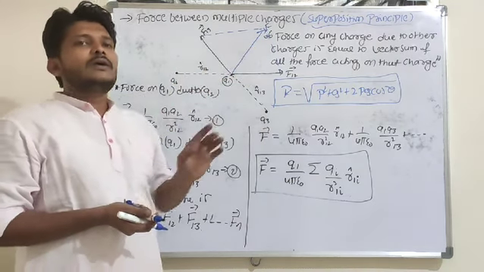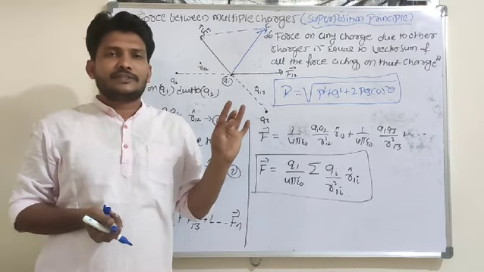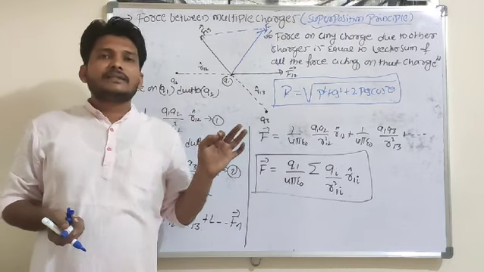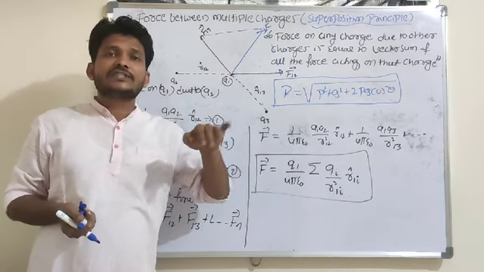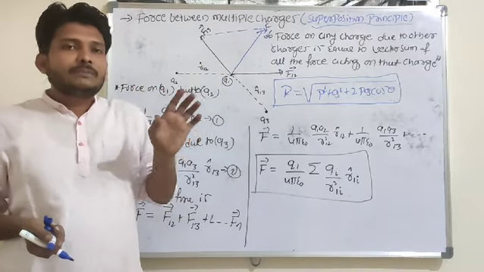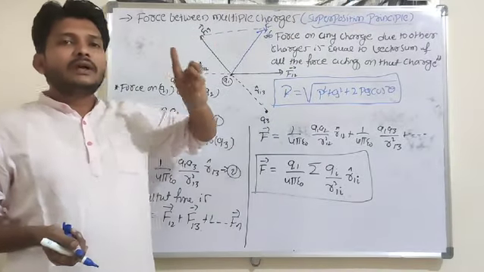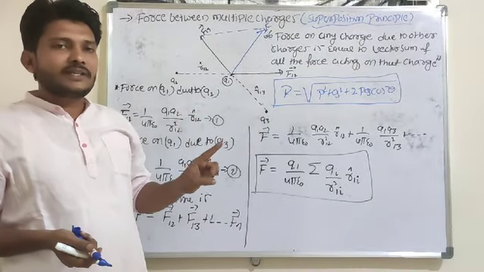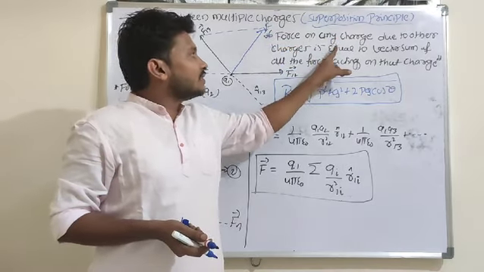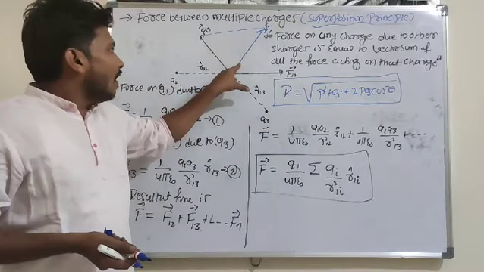So in the vector form of Coulomb's law, as well as the force between multiple charges, in a simpler way: Coulomb's law explains the force between two charges. Instead of two charges, if multiple charges are present, then the force between the multiple charges is nothing but the superposition principle. What the superposition principle suggests is that the force on any charge due to the other charges is equal to the vector sum of all the forces acting on that charge.